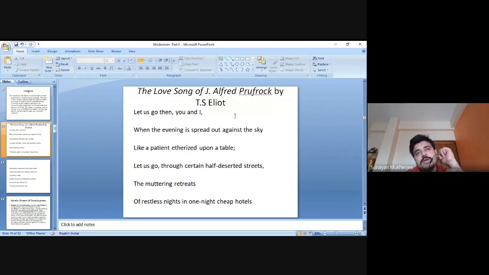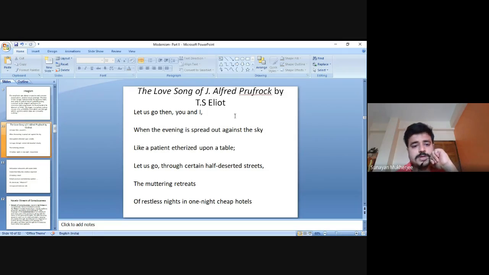Wonderful, isn't it? Now if you see an evening, would you be able to associate that with a patient? You might be able to associate the evening with something else. For example, if you see a red evening, you might say that this sort of evening makes me feel it's the time when there is a lot of destruction going on around.